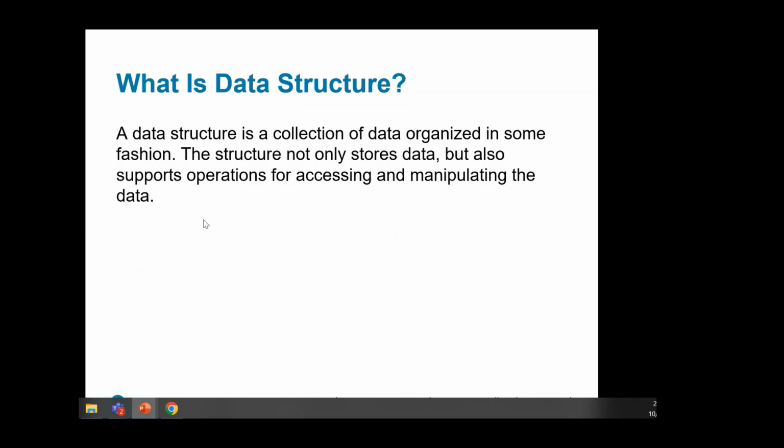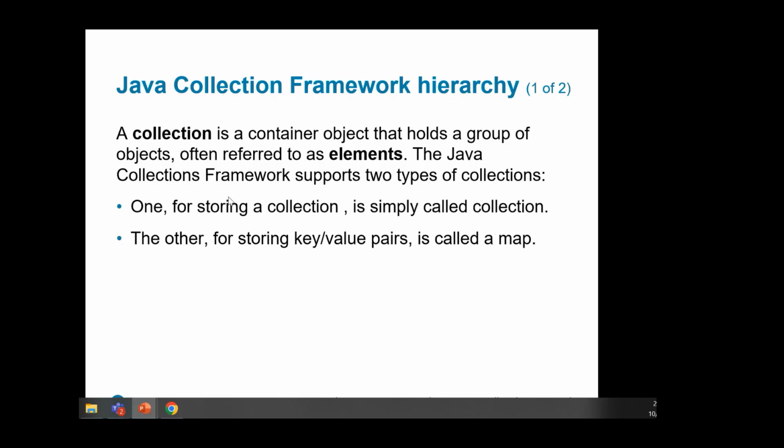We are not going to look at how they have been implemented, but only at what data we can store and what operations we can use. That is also called ADT, abstract data type. We are looking only from the point of view of what data we can store, how we can access the data, and what different operations we can perform on each of these.